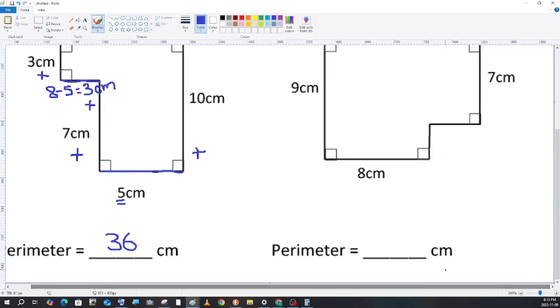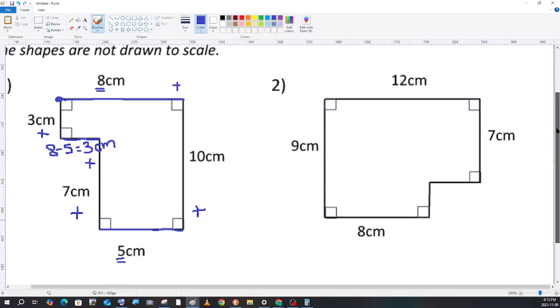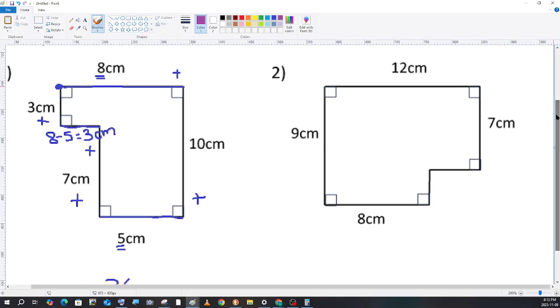But we're good. So let's go ahead and do question 2 now. I'm going to switch colors for this one and do it in purple. Notice this time we're missing 2 of the sides. We're missing this side here and also this other side next to it. Now, we know that this long side up top here is 12 centimeters.